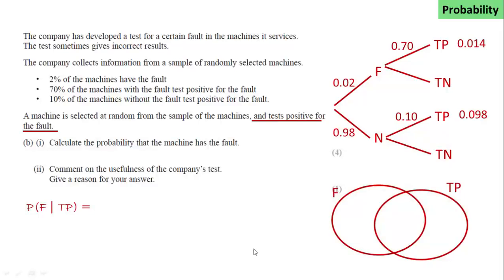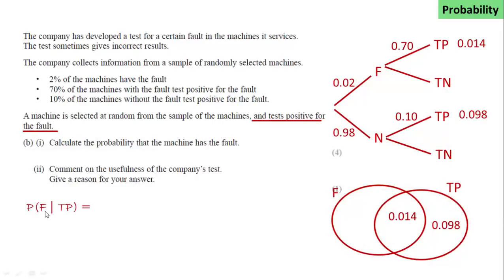For conditional probability, I prefer to look at a Venn diagram. So here, I have the set of faulty machines and those that test positive, and I can move the probabilities from my tree diagram into this picture.